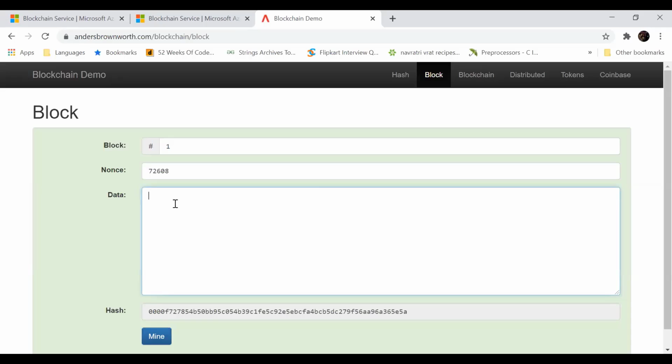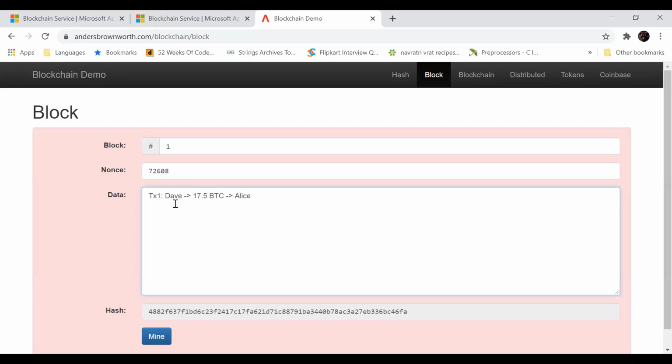Now the data in a block is nothing but a set of transactions, as we already saw, clubbed together. So for example, transaction 1 is that Dave gave 17.5 Bitcoins to Alice. Of course, the transactions will not be in this format.